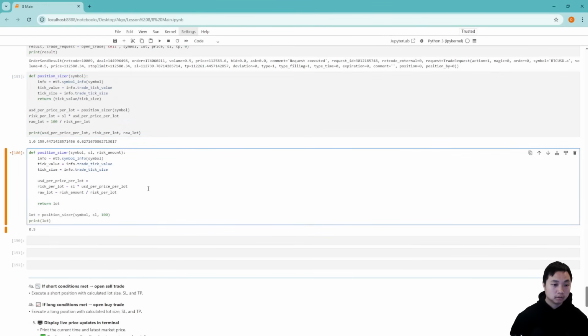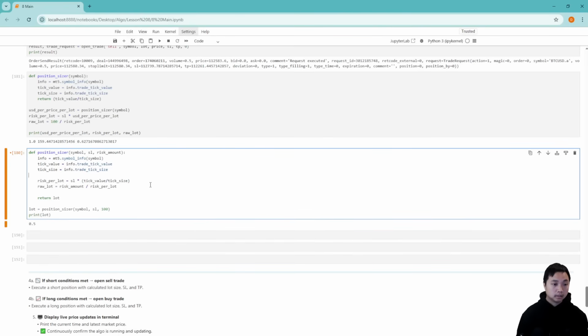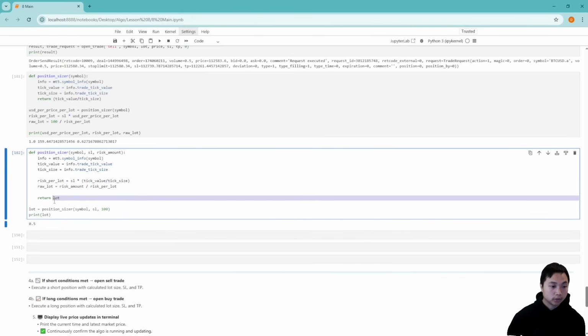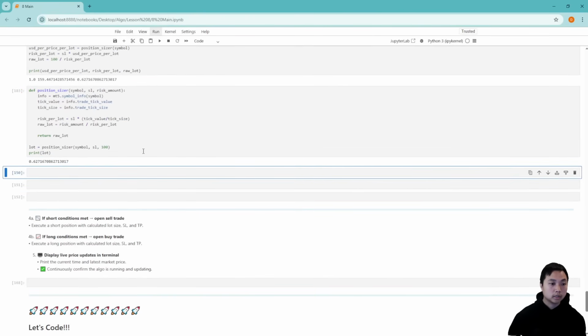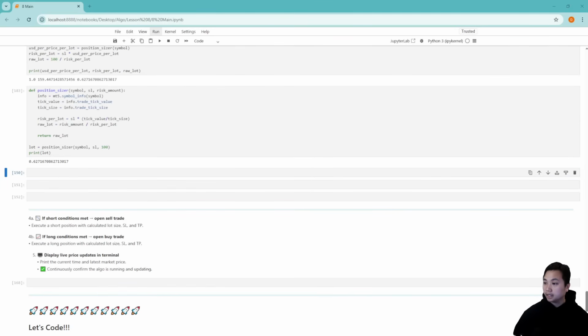Actually, I can simplify this. Let's put some brackets for this one, and the return should be this one as well. Just return this number here. Excellent. Now we just repackage everything. This function returns the lot size.